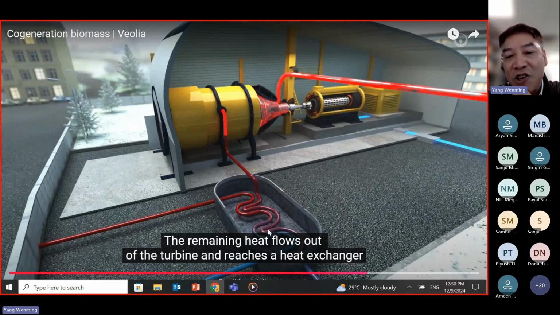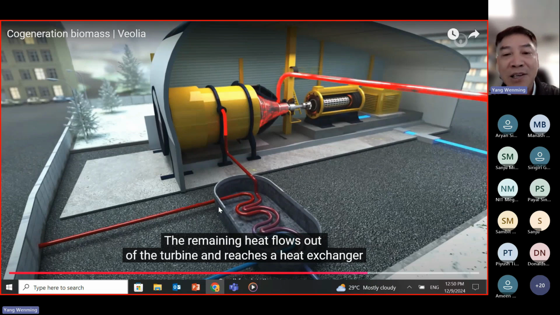So we can use a heat exchanger to recover the waste heat from the exhaust steam, and then warm up the water in this flow pipe, and then supply it to the city. So we can use this waste heat to warm up the houses, correct?